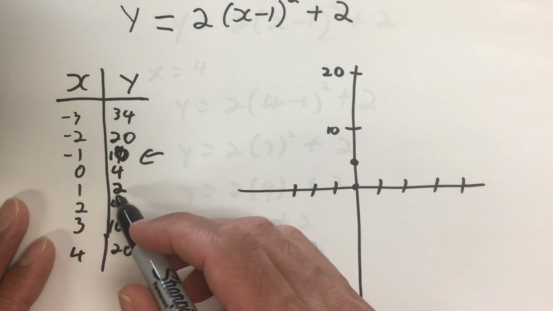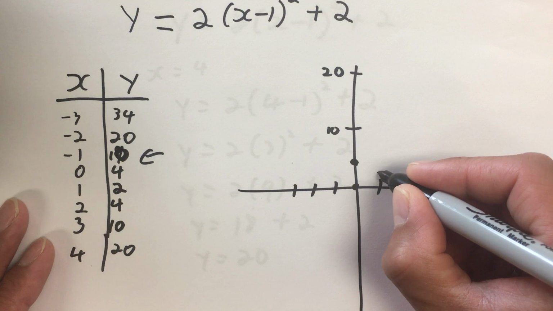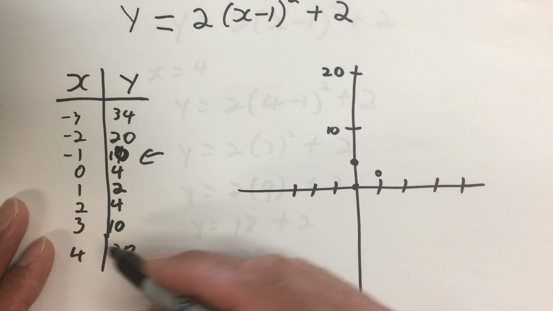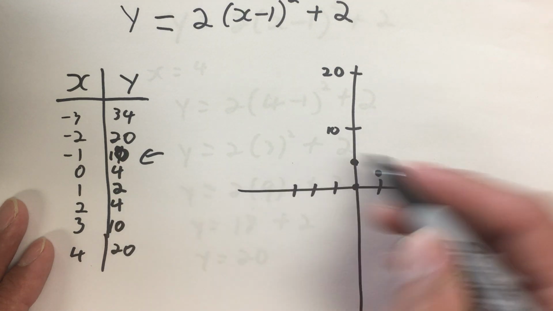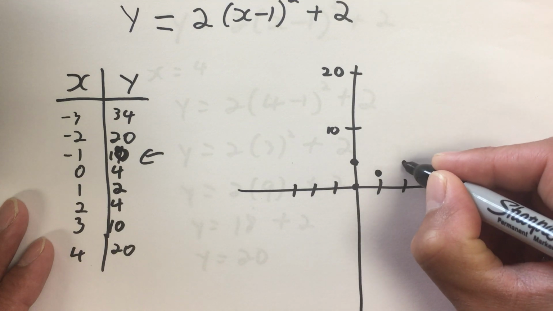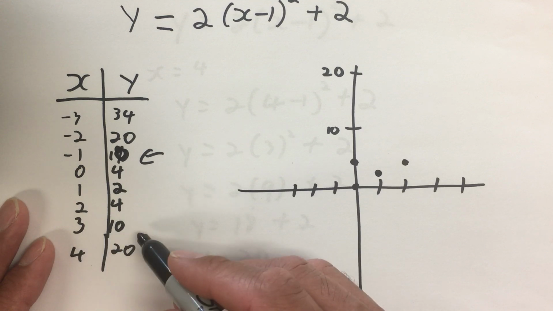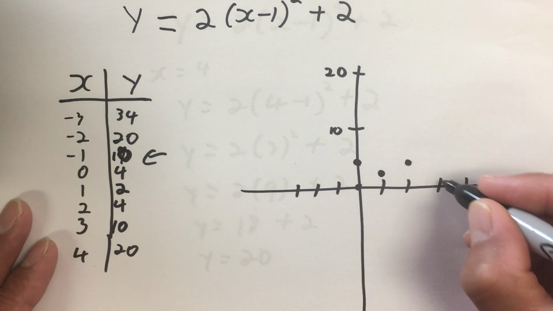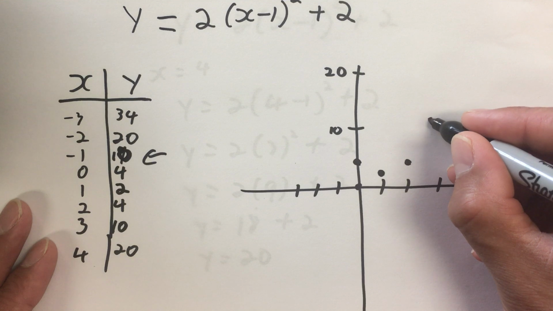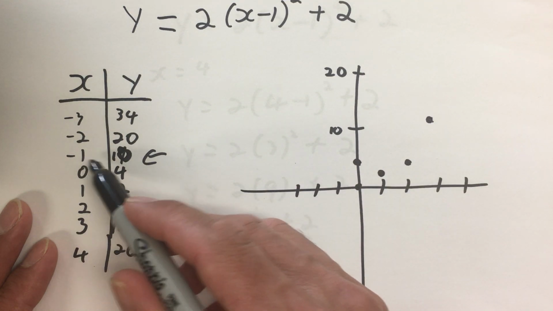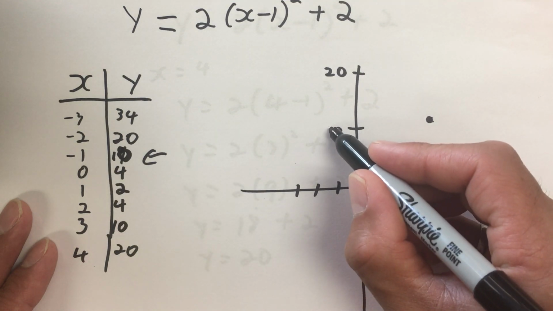When x is 1, y is 2, which will put me there. When x is 2, y is 4, put me back up here. When x is 3, y is 10, so that puts me up here. And when it's negative 1, it's also 10, so that puts me up here.